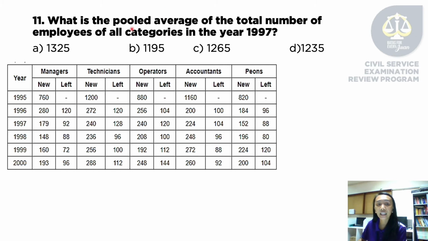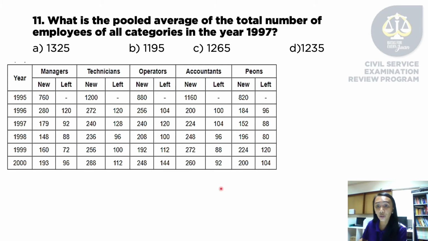Ang hahanapin po natin ay yung grand mean, hindi lang po average or mean nung isang category, but lahat po ng category. Pangalawa na kailangan nating i-take note ay ang hinahanap po niya ay yung total number ng employees sa year 1997. So, hindi natin isasama yung mga employees sa 1998, 1999, at 2000.